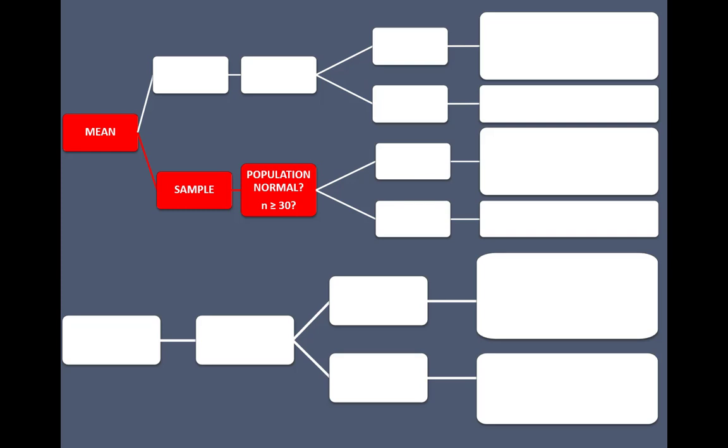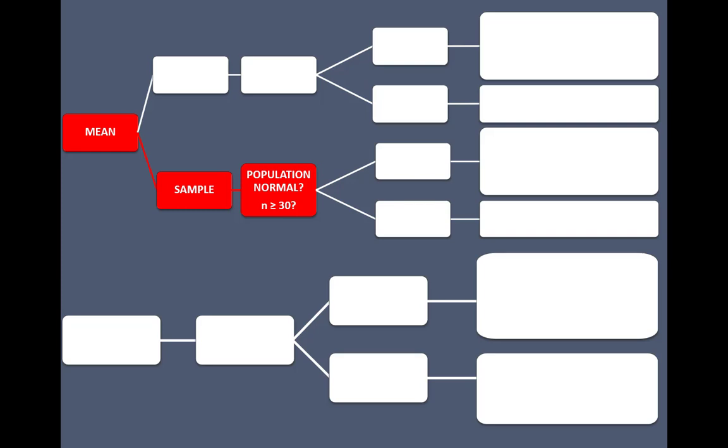However, and this theory goes beyond what we need to understand in this course, there is some theory dealing with something called the central limit theorem and the sampling distribution of sample means, where as long as our sample size is at least 30, then no matter what the shape of the population, this will automatically assume a normal distribution.